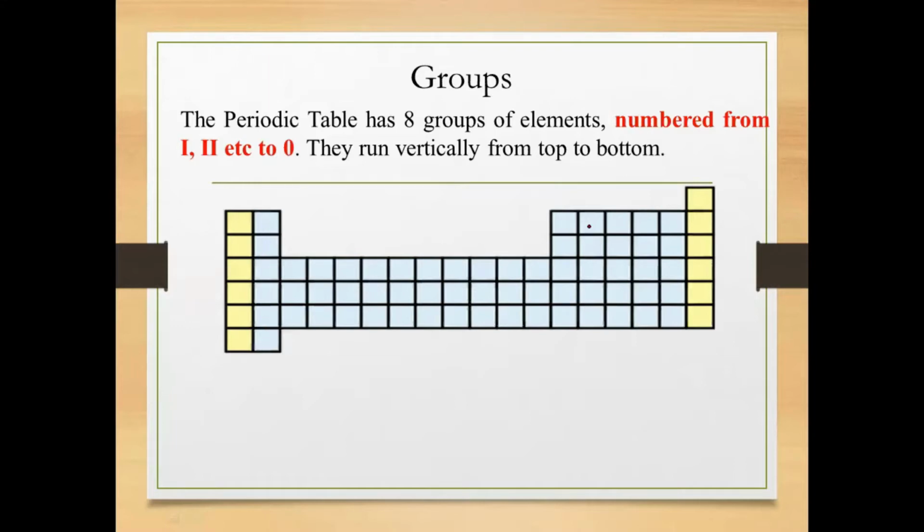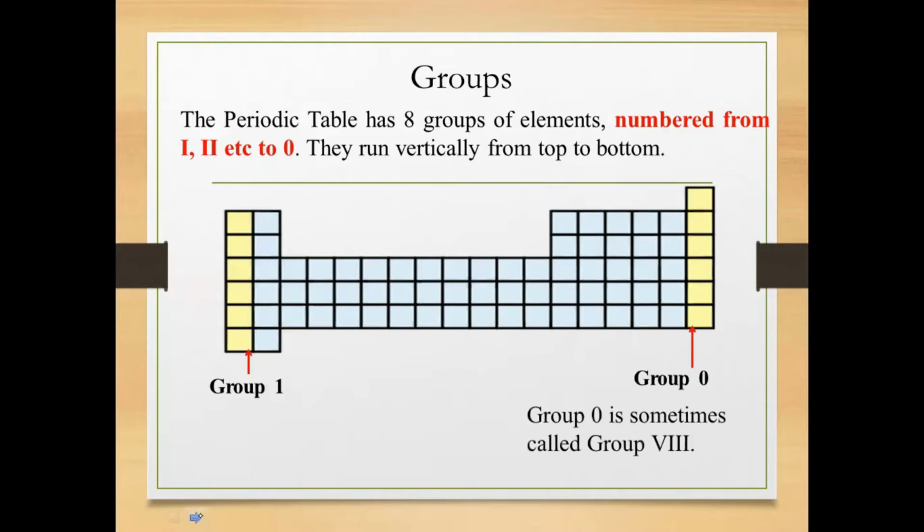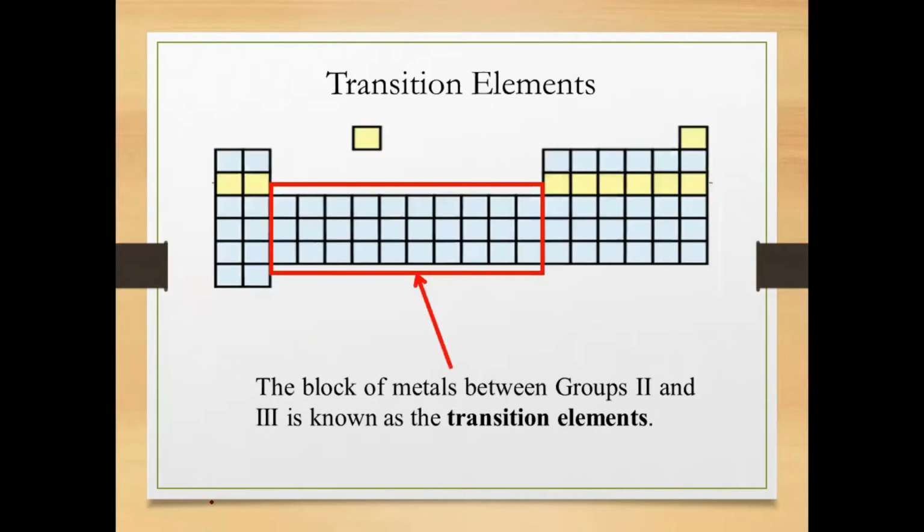You can see over here the first column of yellow color is termed as the first group. Then this is the second group, third group, fourth group, fifth, sixth, 7, and 8. We have 8 A category groups in the periodic table. Here is group number 1, and group number 8 is also termed as group 0.